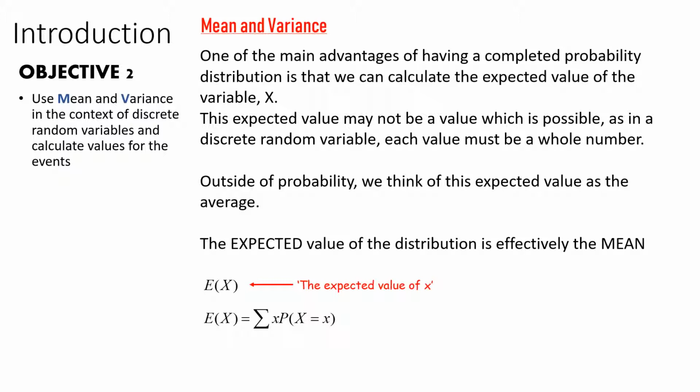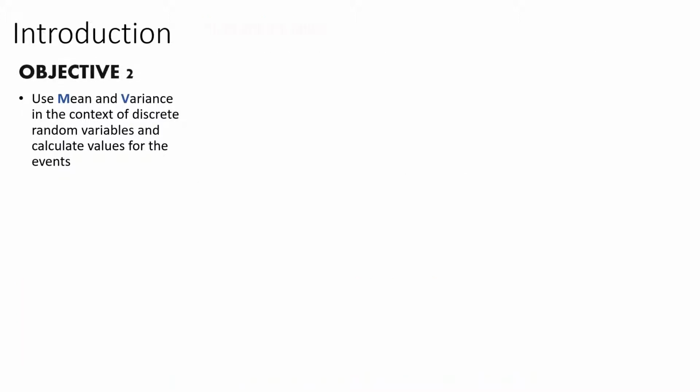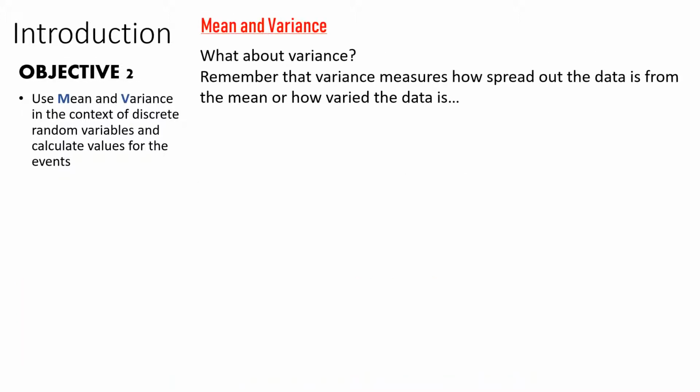Now you might think this looks like a fancy formula, but the expected value of x is the sum of x multiplied by P(X = x), or written like so. I'm going to look at an example of what that looks like. Variance is the same idea.